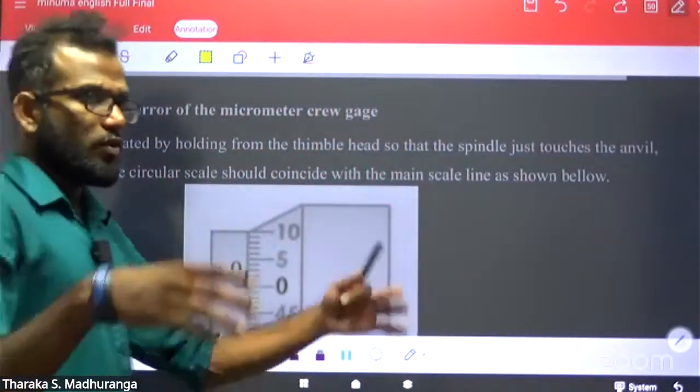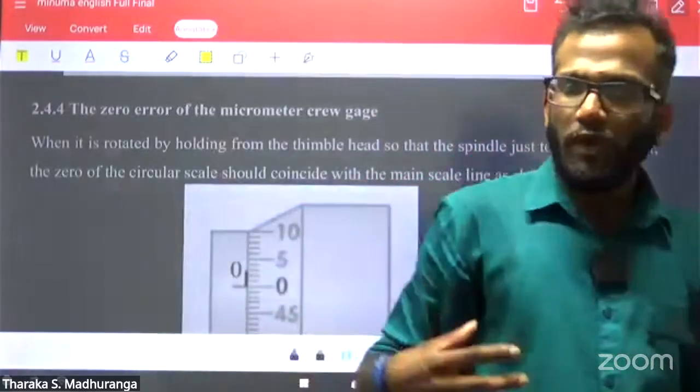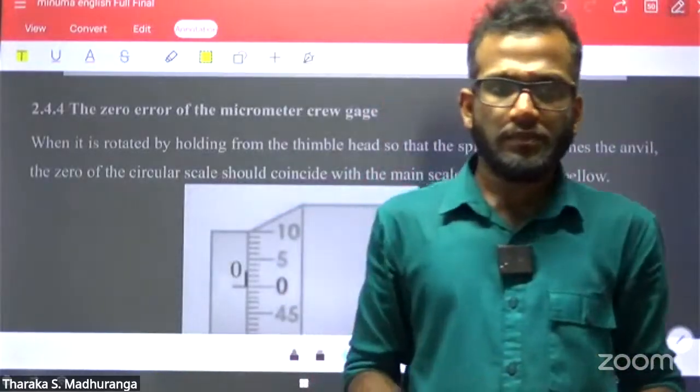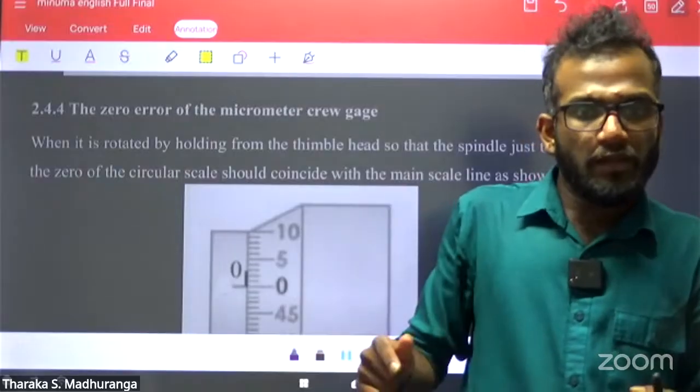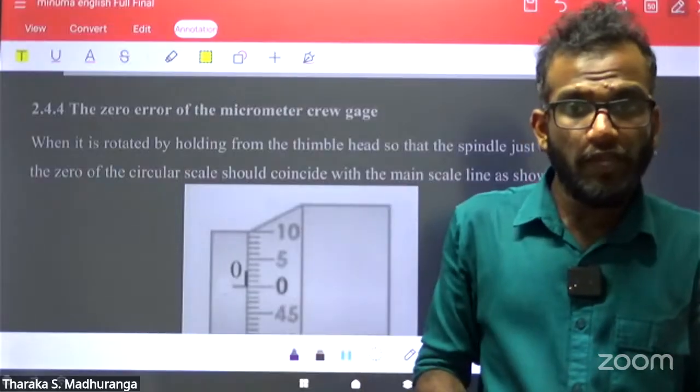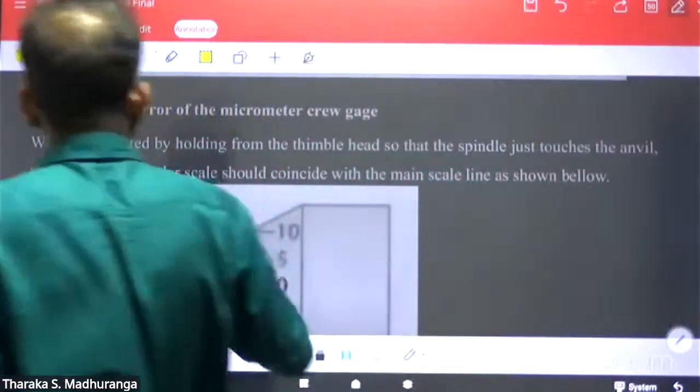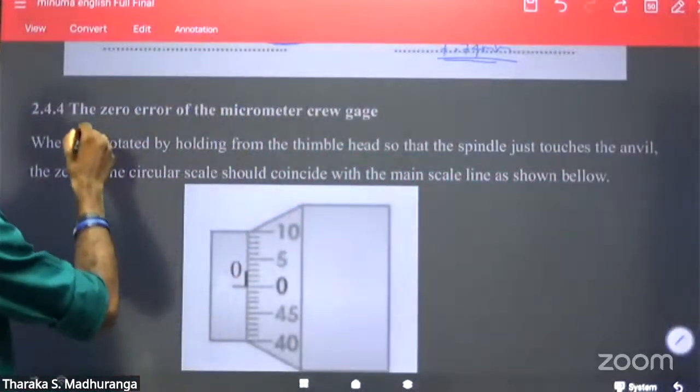Okay. Do you remember what the zero error of any measuring instrument is? How can we define it? What's the meaning of the zero error?